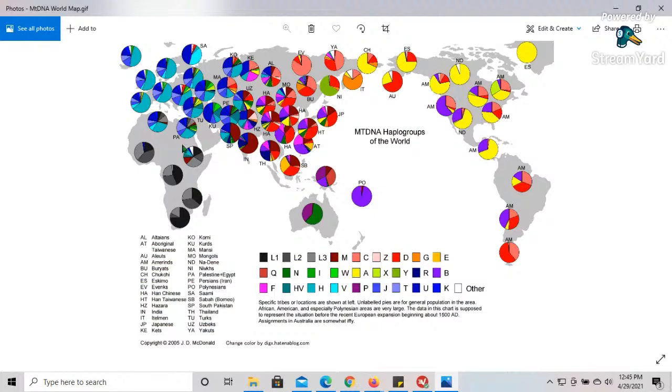And of course, everywhere else in the world too, because they went all the way to America too. Because you have X, see this X, that's a huge percentage of the population. This pea green X is a huge percentage of the population.